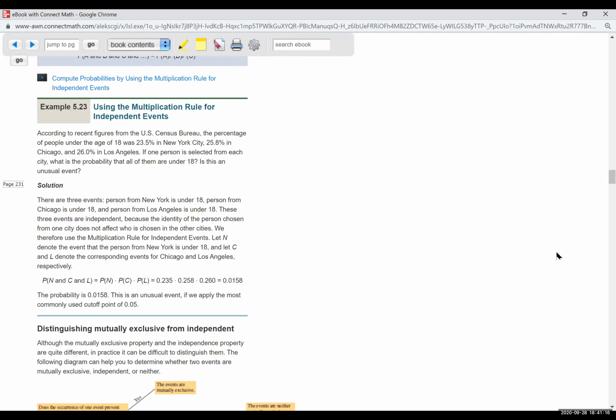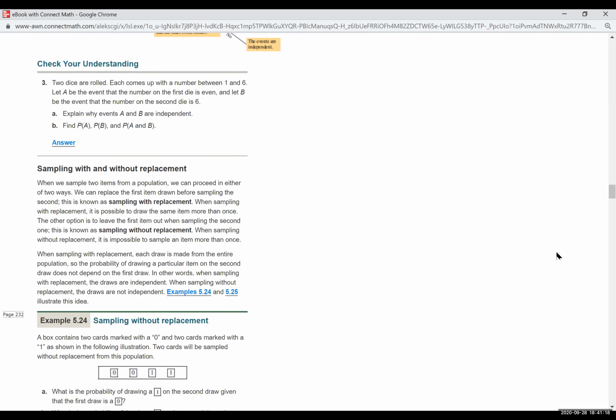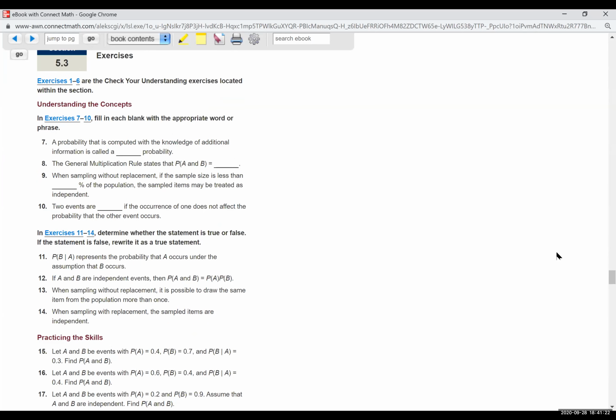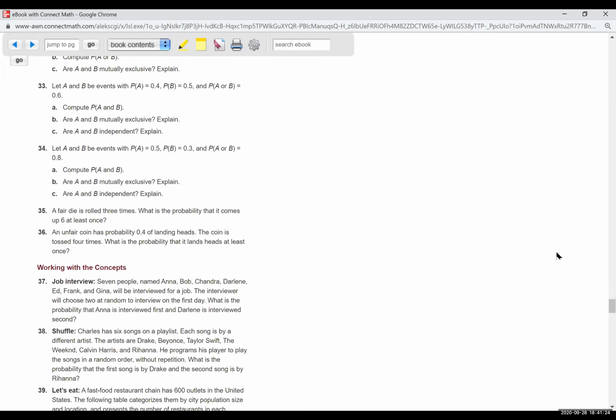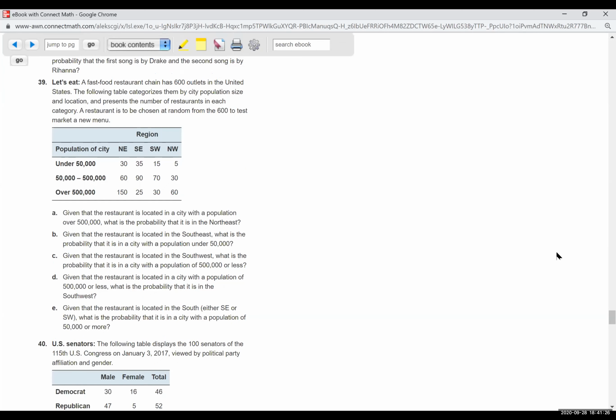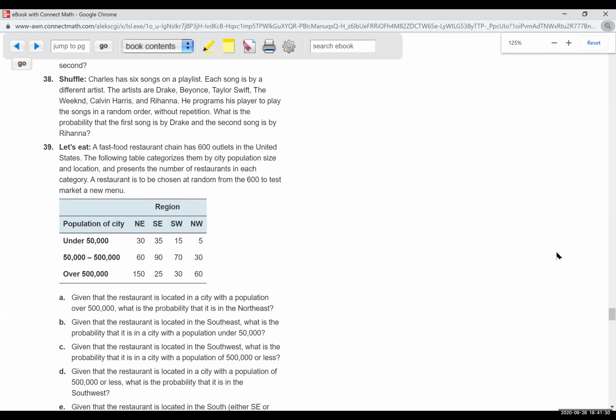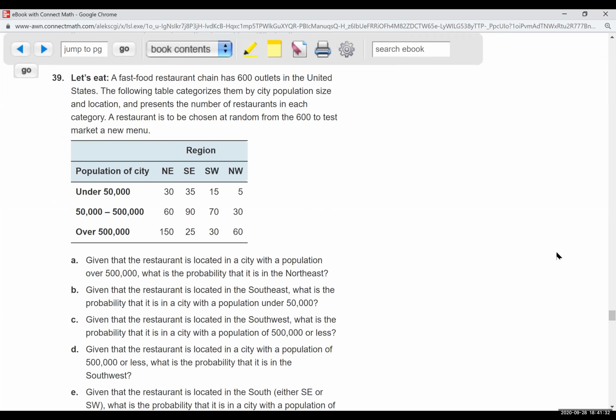Where is it? Number 39. All right, let's eat. A fast food restaurant chain has 600 outlets in the United States. The following table categorizes them by city population size and location and presents the number of restaurants in each category.